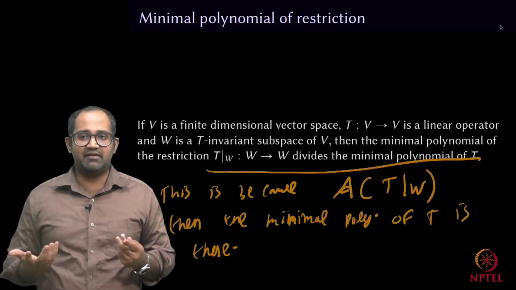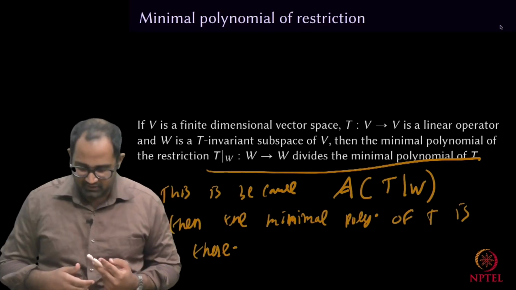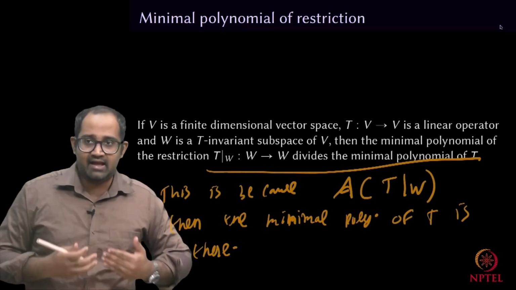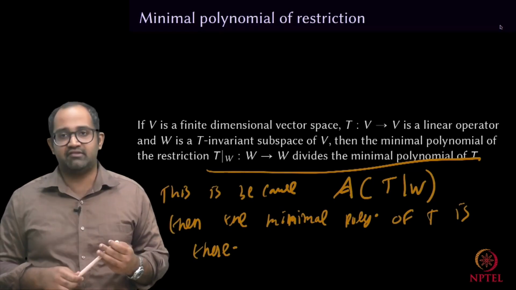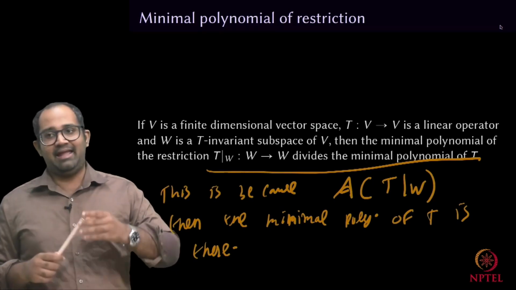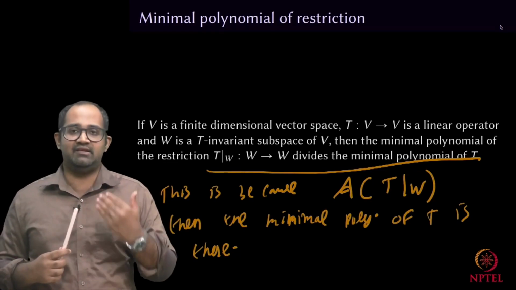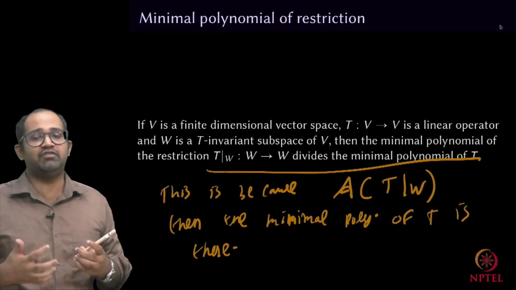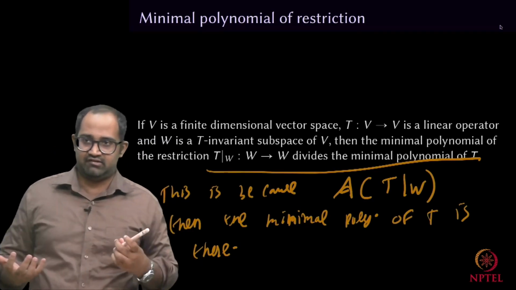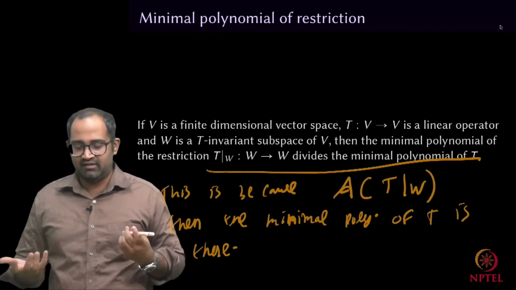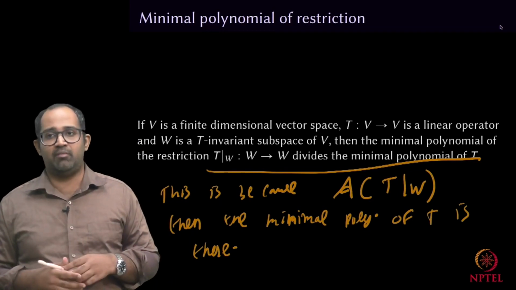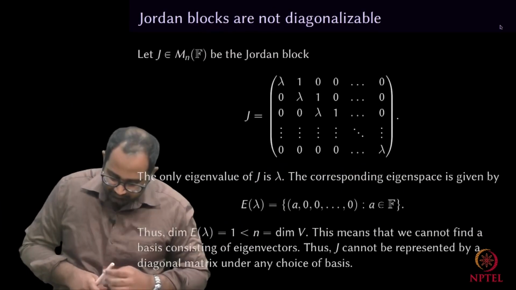This is completely trivial. It is true just by definition. Therefore, the minimal polynomial of T is there in the annihilating set of T restricted to W, but every single polynomial that is there in the annihilating set of T restricted to W is a multiple of the minimal polynomial of T restricted to W, which is just another way of saying the minimal polynomial of the restriction divides the minimal polynomial of T. Okay.